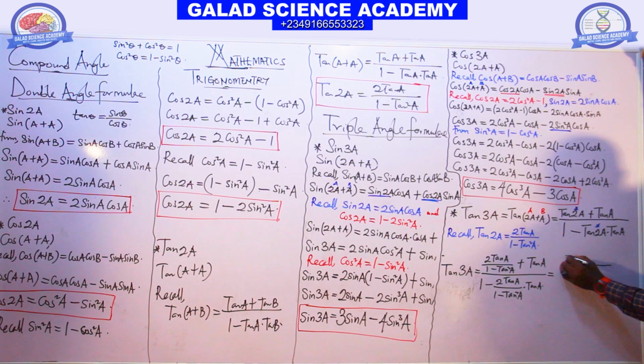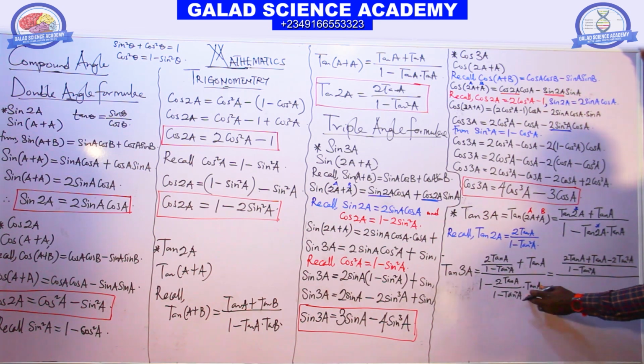So we have 2 tan A, plus tan A times 1, tan times these two, we have minus 2 tan cube A over, find the LCM here too.